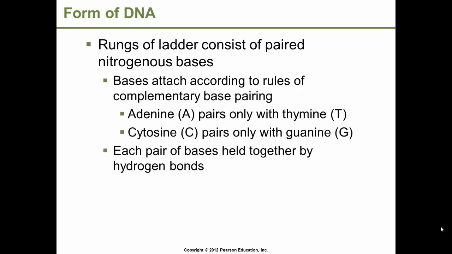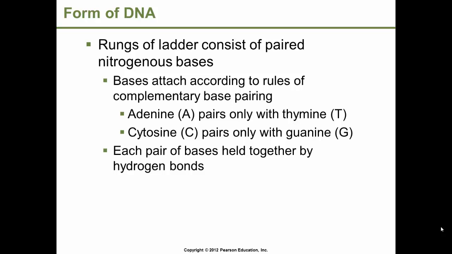Subsequently, since you know that there are 4 nitrogenous bases in DNA, you could also determine the percent of guanine and cytosine in that section of DNA.